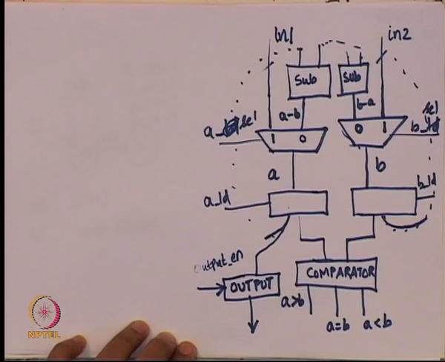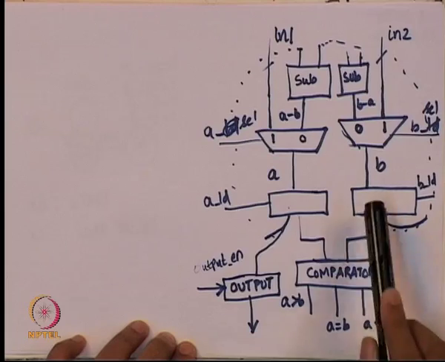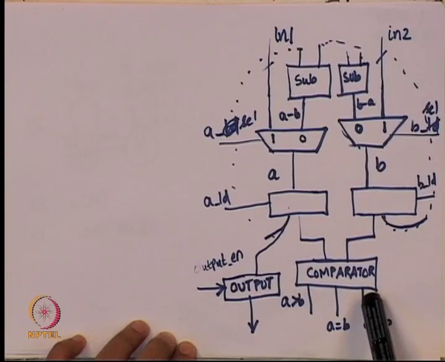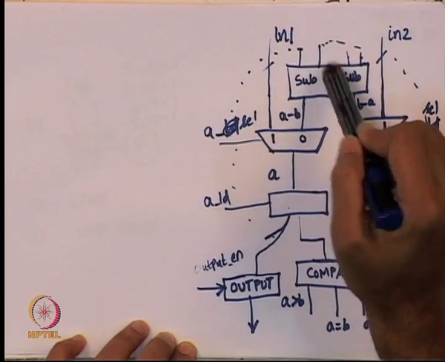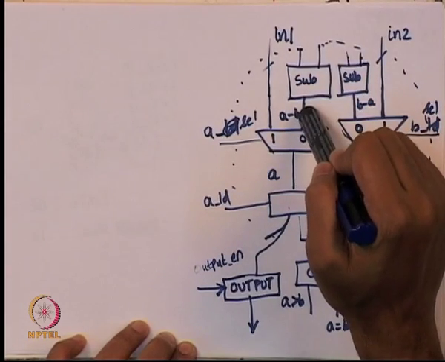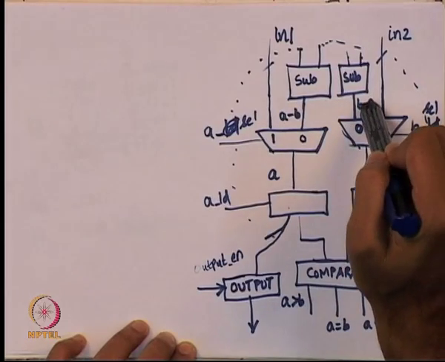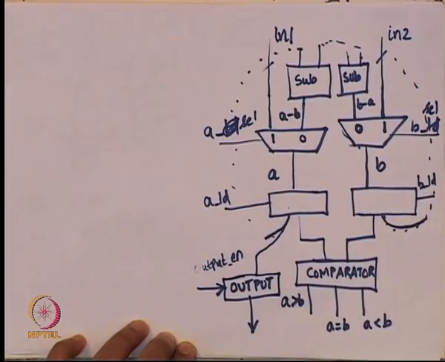What is the data path supposed to do now? A and B will be compared, you will get 3 different outputs here, and A and B will automatically appear as inputs to the subtractor. After some delay, the subtractor will give some results and they will appear in A minus B and B minus A. So, what we are going to do is wait for one cycle, so that all the values get loaded.